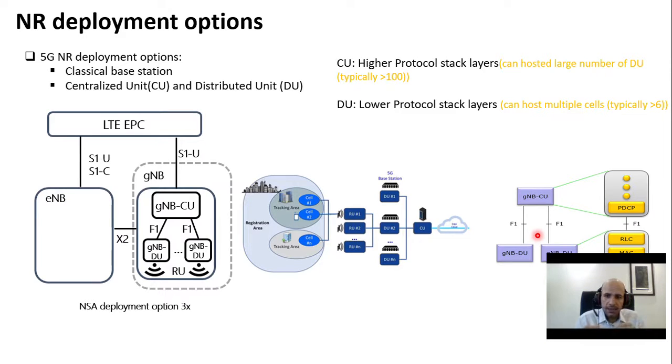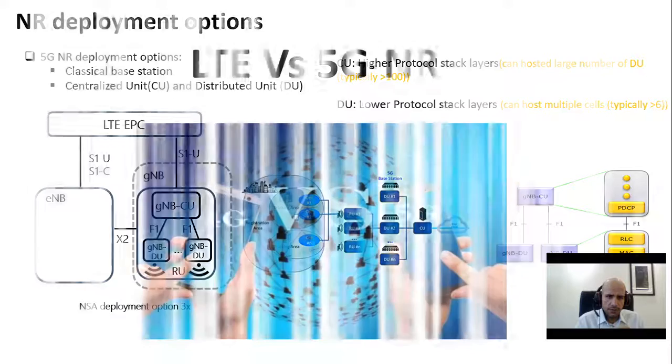It has been standardized by 3GPP to allow for multi-vendor centralized unit and distributed unit deployments. So this was the difference between the classical base station and the centralized unit and distributed unit.